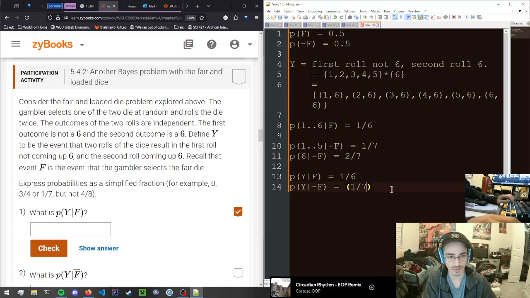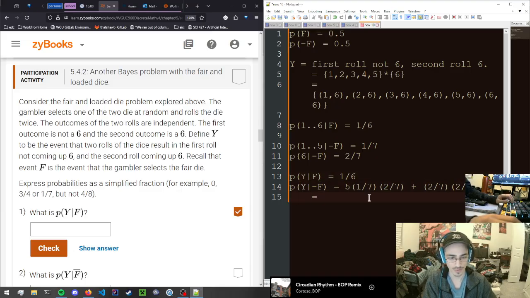So we have 1/7 times the second roll, because they are independent. If it is 6, it is 2/7. So you multiply that, and how many of these do we have? There's 5 of these, right? And then here we just have 2/7 times 2/7 for that.